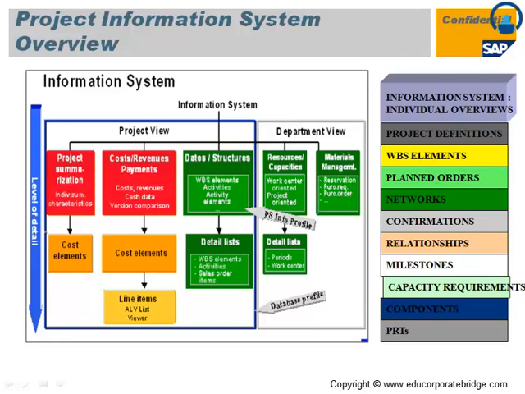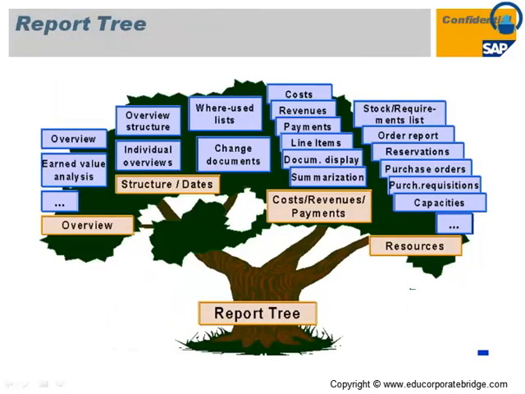So you can get the confirmation of the activities, the relationships maintained for those activities, the milestones created and the milestone confirmation, the capacity requirement for that particular work, the assignment of the material, that is the components, and the PRT, that is the production resources tools. So this is a report tree structure.